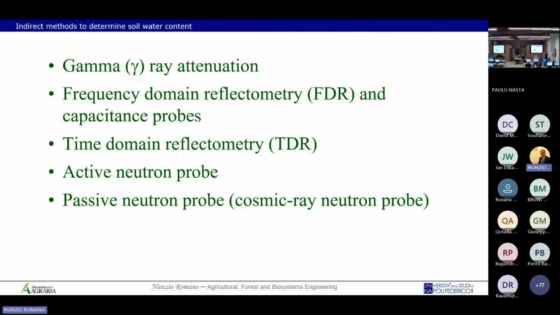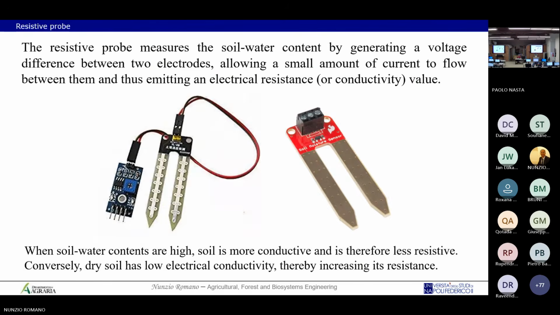Okay, and the resistive probe. These are very cost-effective, very cheap sensors, and the principle of functioning is very basic, because you have a sort of electrical resistance. There is an electronic circuit with a very, very small current that moves in this two-rod probe.